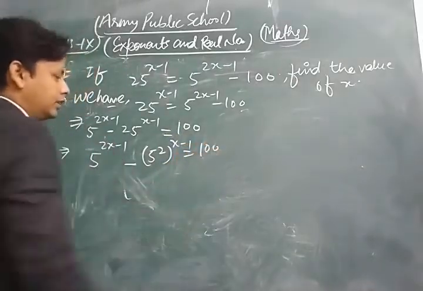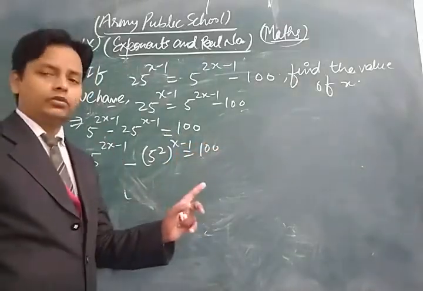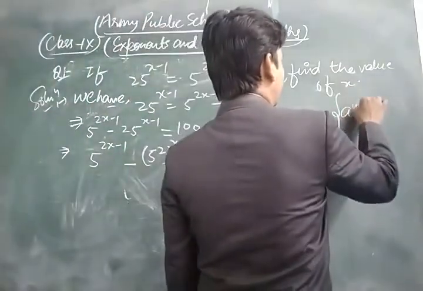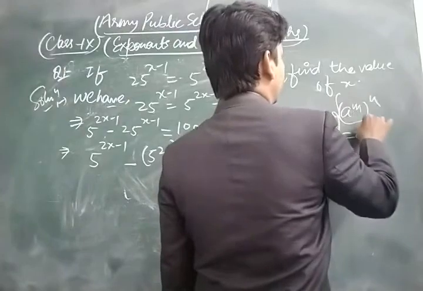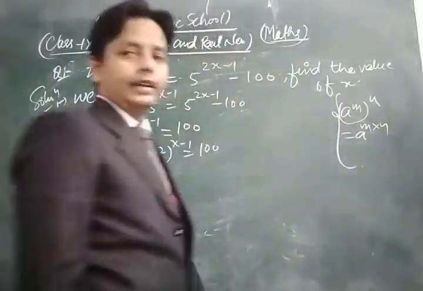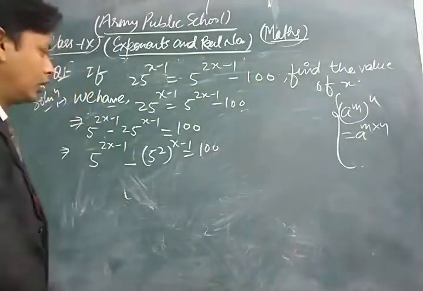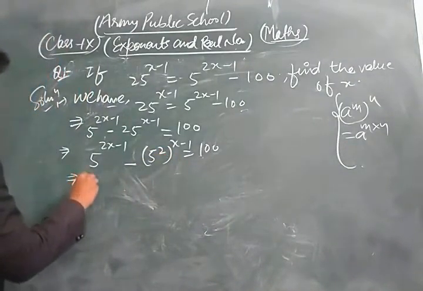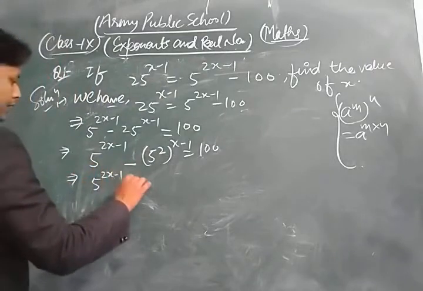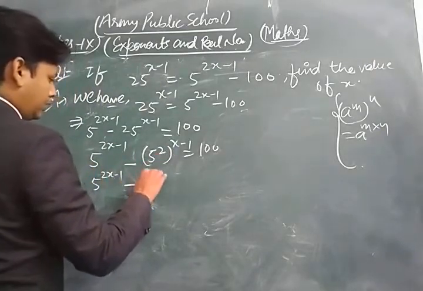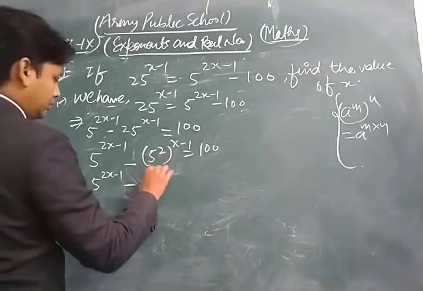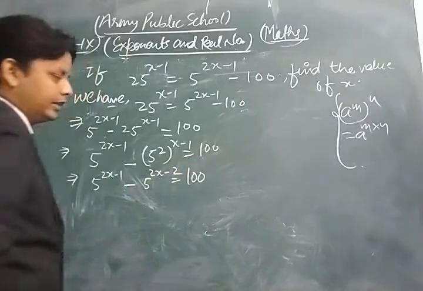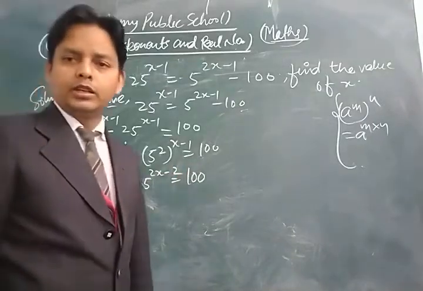Now we know the very important law of exponents, a power m to whole power n, we can write a power m into n. This is the law of exponents. Now we multiply the powers, so we have 5 to the power 2x minus 2, is equal to 100.